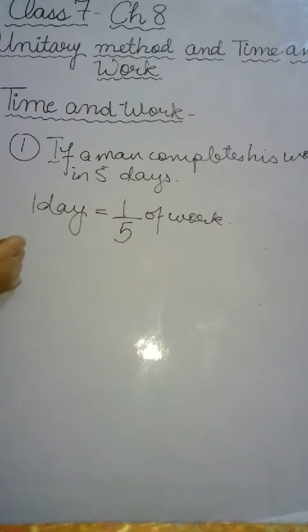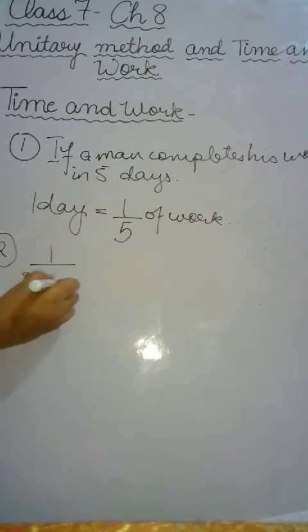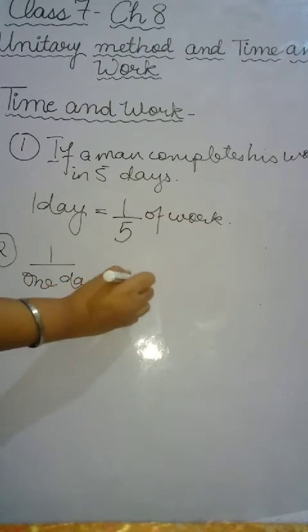Now, second thing. Another important thing is, if the work that man does in one day is given, then what is the formula for the total number of days required to complete the work? It is 1 upon 1 day's work.